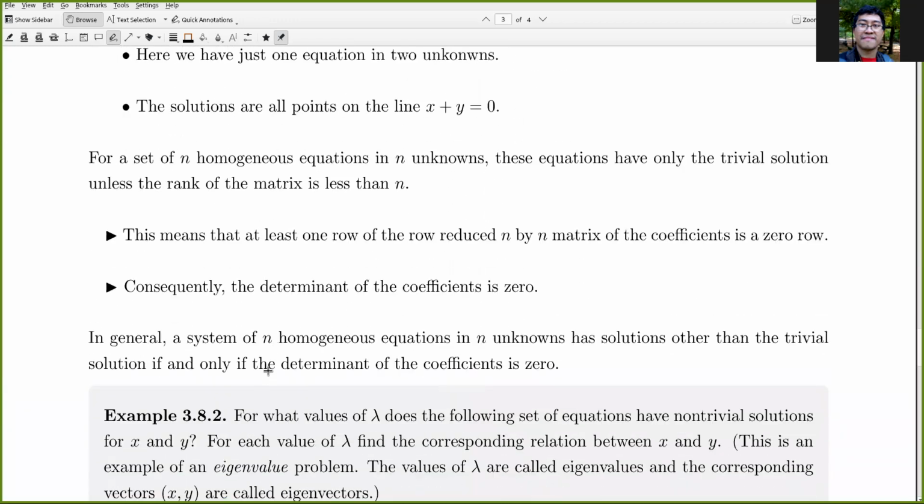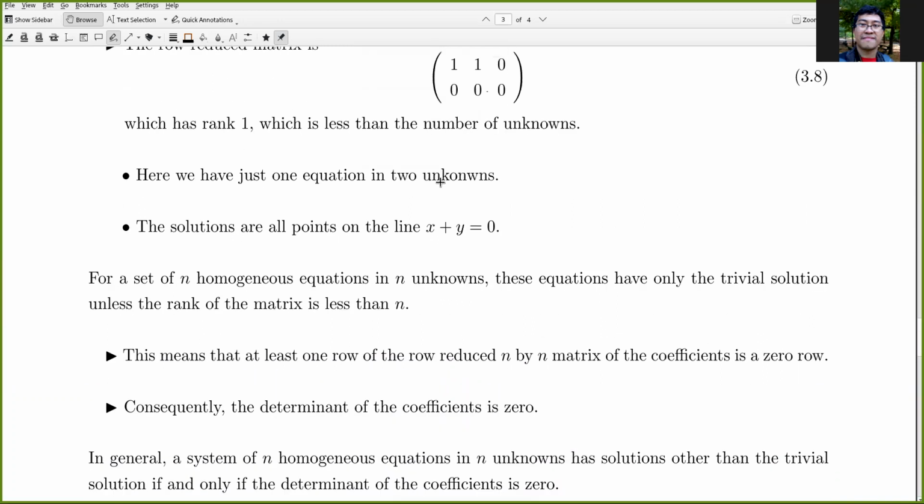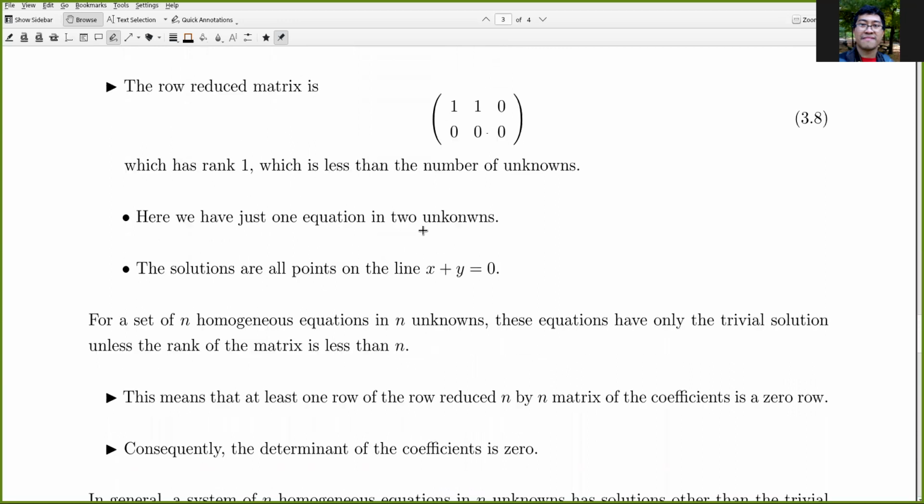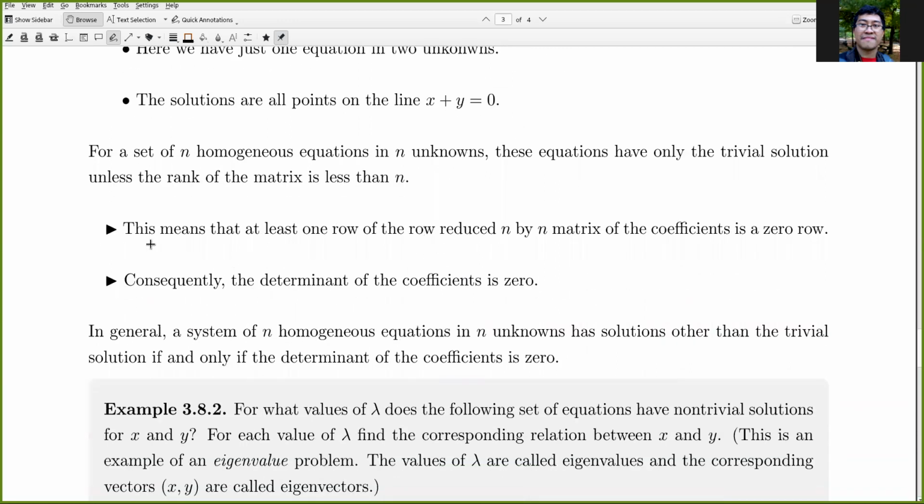For a set of n homogeneous equations and n unknowns, these equations have only the trivial solution unless the rank of the matrix is less than n. When the rank of the matrix is less than n, it means that at least one of the rows is 0.